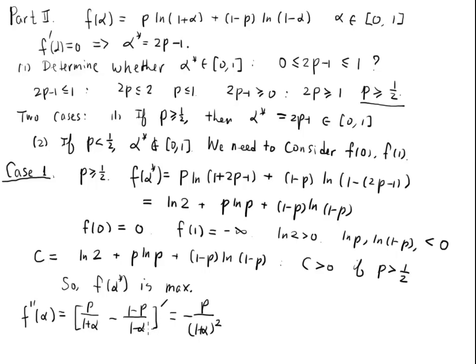Taking the derivative of 1 minus alpha, we have another negative sign. So this one actually is negative (1 minus p) over (1 minus alpha) squared, because of the chain rule. If we look at this one, this second order derivative is less than 0. So using the second order derivative test, we have also f of alpha star is the maximum value.